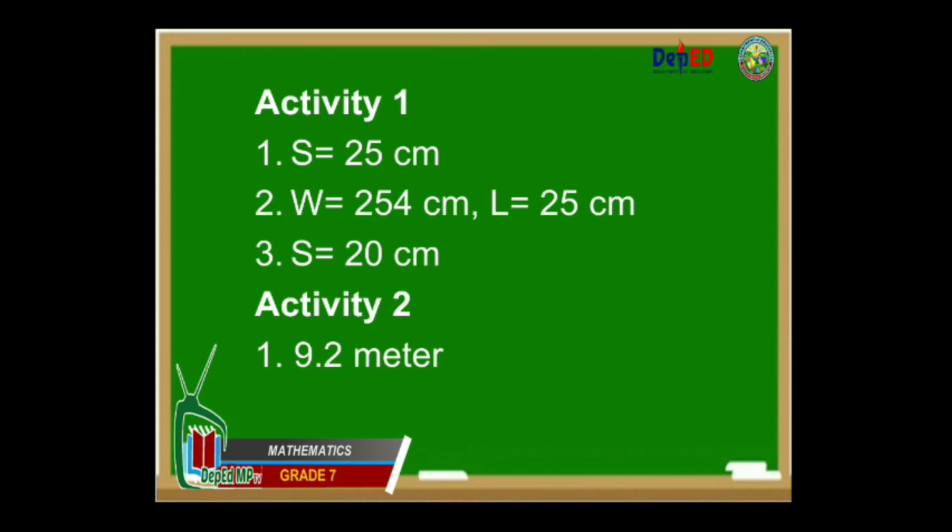Number 1. Side is equal to 25 centimeter. Number 2. Width is equal to 254 centimeter and length is equal to 25 centimeter. And number 3. Side is equal to 20 centimeter. For activity 2, the answer is 9.2 meter.